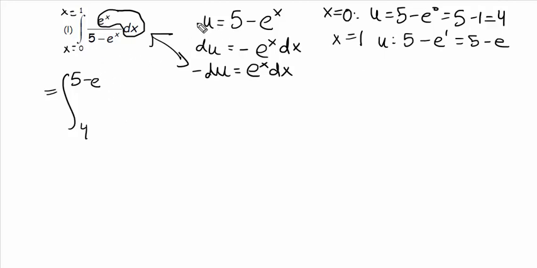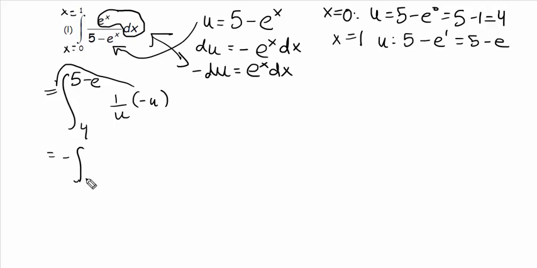So now u was in the denominator, so we have 1 over u times negative du. I'm going to bring the negative out in front, so that's negative integral from 4 to 5 minus e of 1 over u du. Oh, I didn't write the d right there.